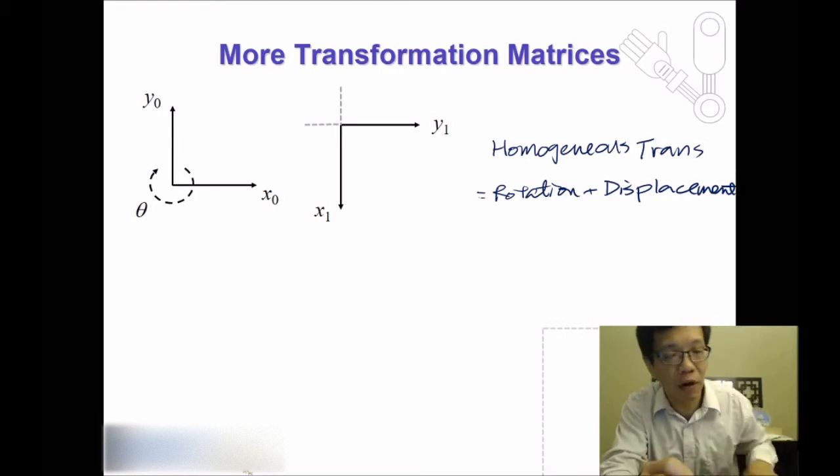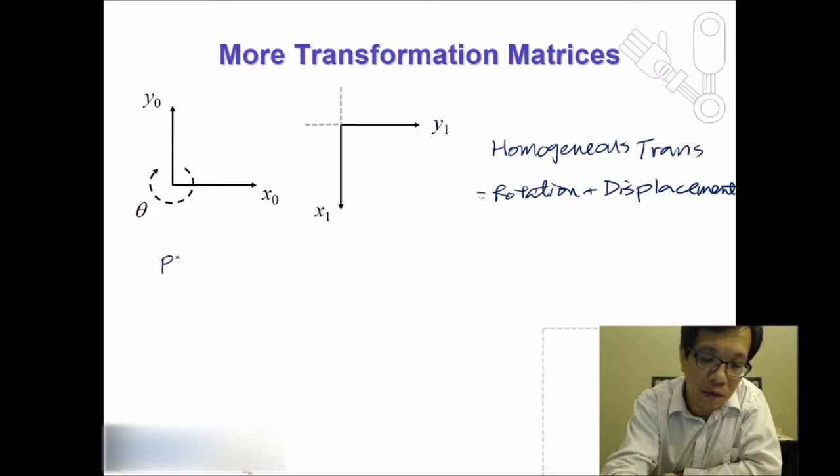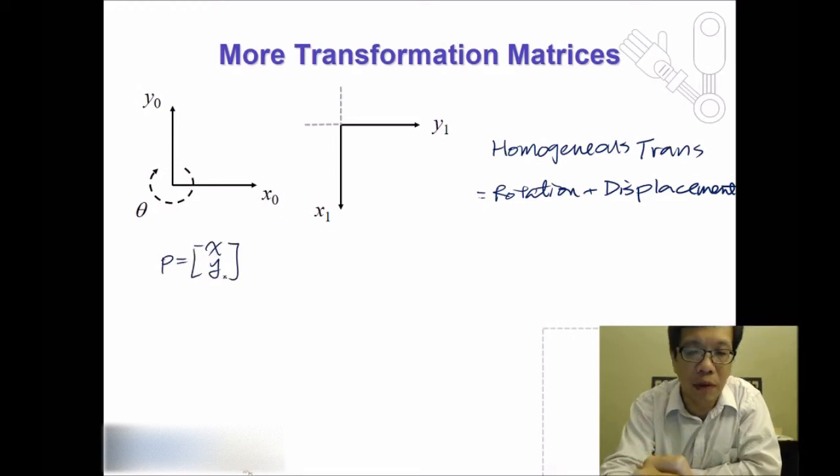So if we have a two-dimensional case over here, and we try to identify the position using a two-dimensional representation, instead of using a single x component and y component representation as a vector, we try to represent everything using a matrix representation.